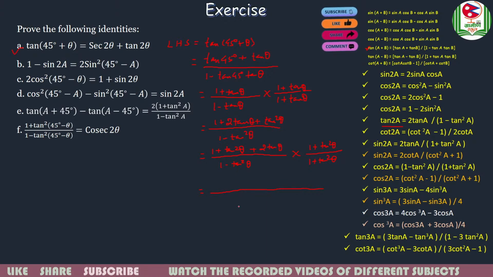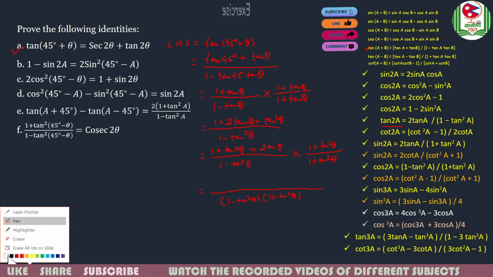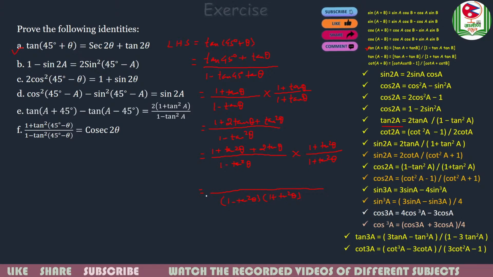First let's write 1 minus tan squared θ into 1 plus tan squared θ in the denominator, and in the numerator we write 1 plus tan squared θ multiplied by 1 plus tan squared θ. We also have another expression, 2 tan θ, which is multiplied by 1 plus tan squared θ.